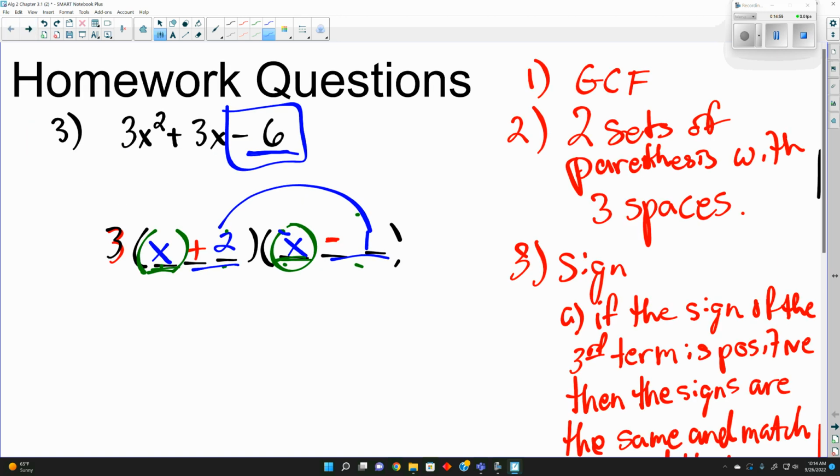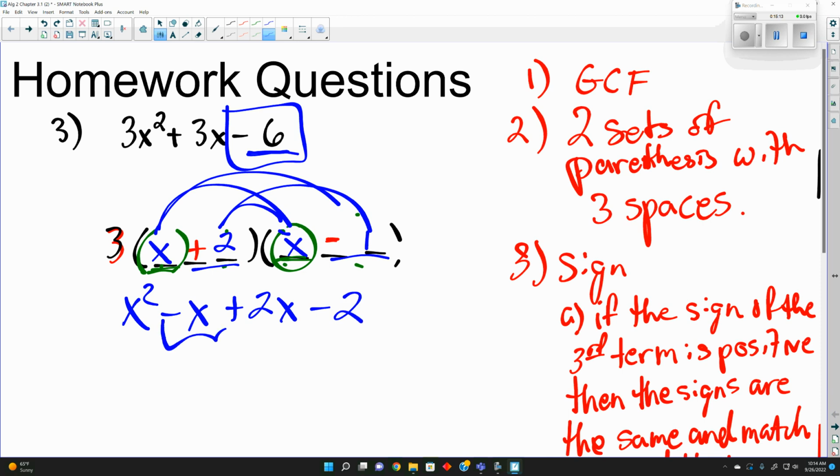But here, it is a negative, and we do the whole multiplication out. X times x is x squared. 2 times x times negative 1 is negative x. Plus 2x minus 2, yes? But then what do we do? We add these two middle terms together, yes? Well, here they're opposite, so the sign really doesn't make a difference.